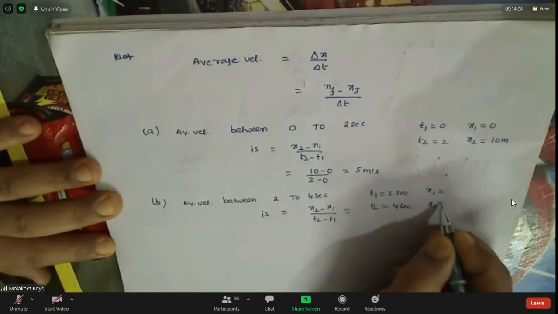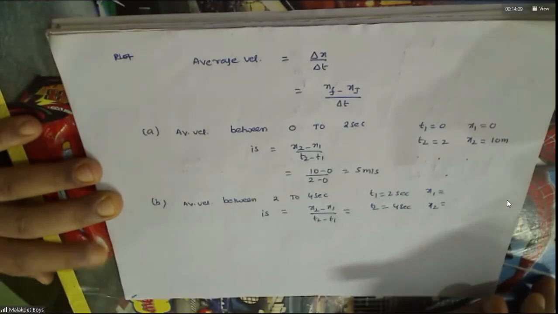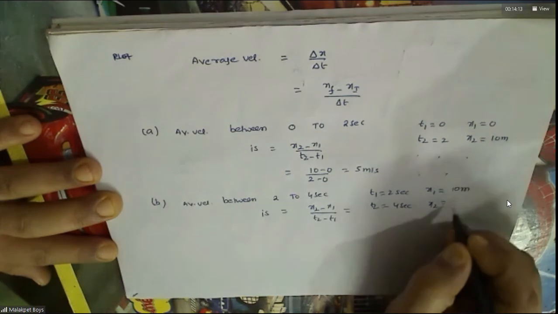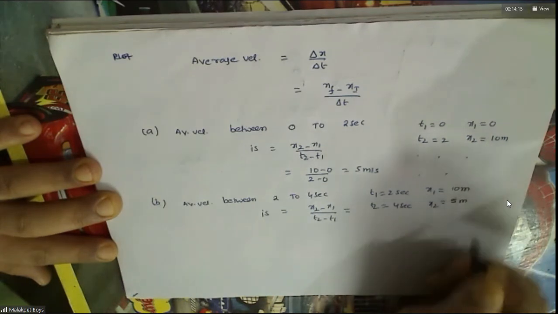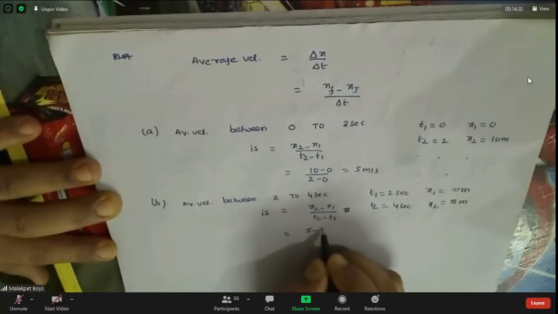Look at the graph and tell. 5. At 2 seconds, it is 10. So substitute this: 5 minus 10 by 4 minus 2.